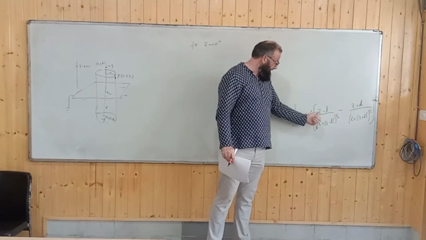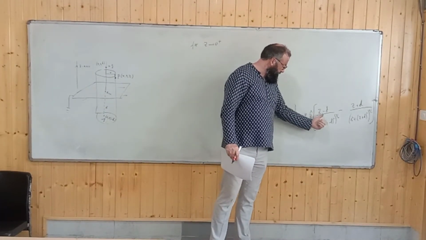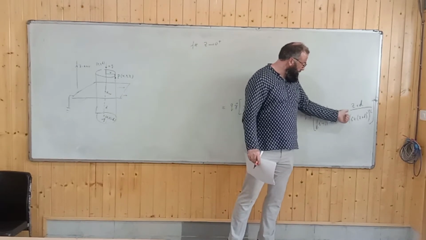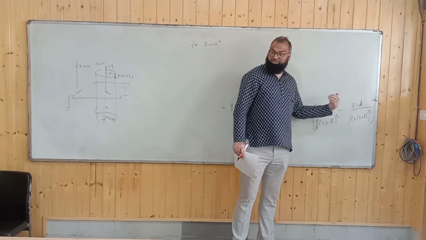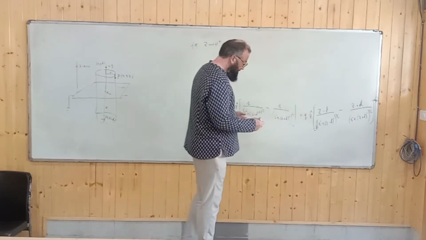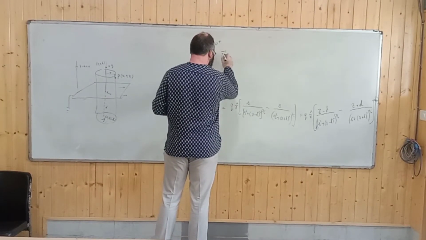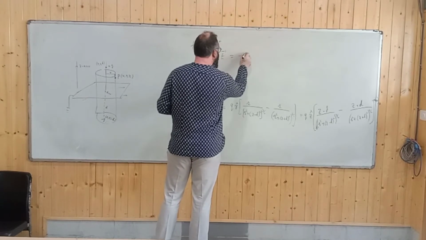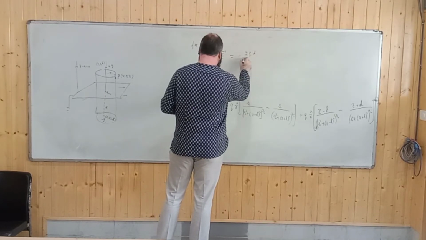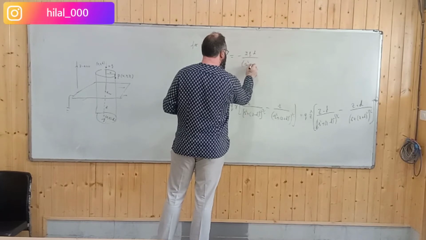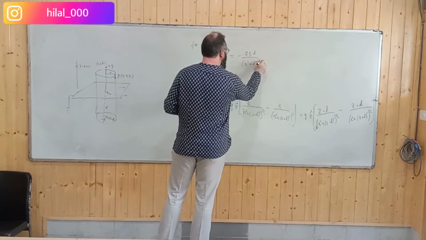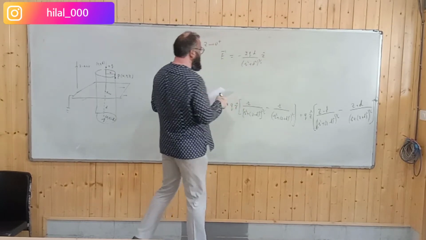Only this thing. When you put Z equal to 0, you will have minus G in this thing, so it is minus twice. Clear? Okay. So the electric field will be simply equal to minus twice QD divided by (R square plus D square) to the power 3 by 2, and that's actually along the Z direction.